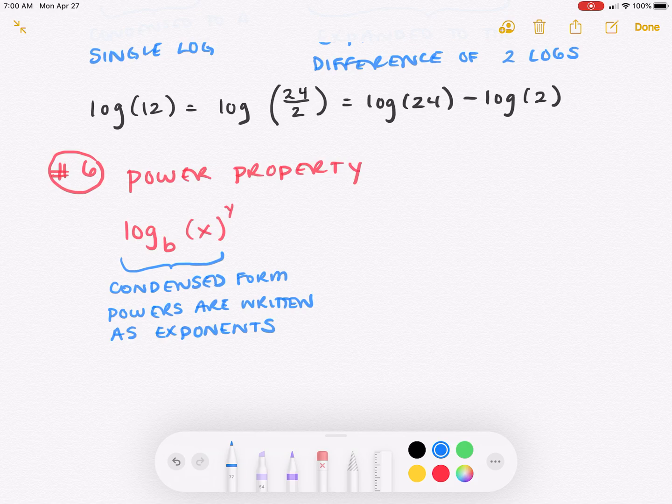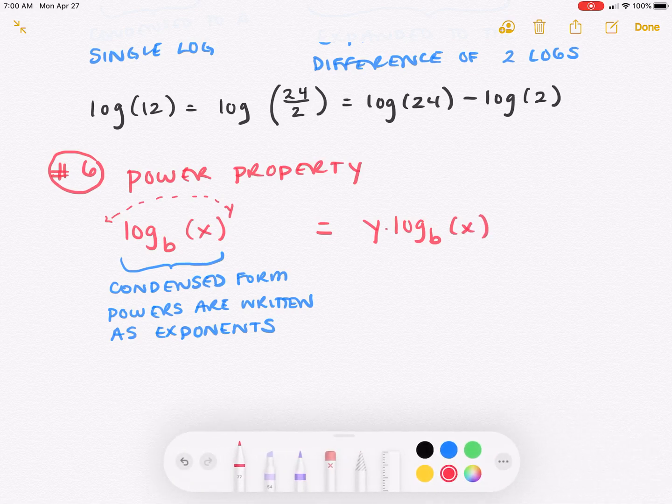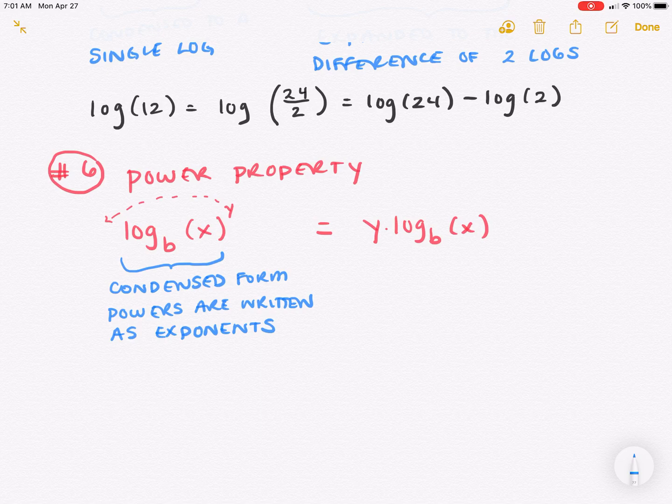And what this little property says that we can do is that we can rewrite it, and we can take the power and we can bring it down in front and write it as a multiplication factor. Okay, and we can make it look like this. So we're going to spend a lot of time bringing powers down or maybe putting them back up as exponents.